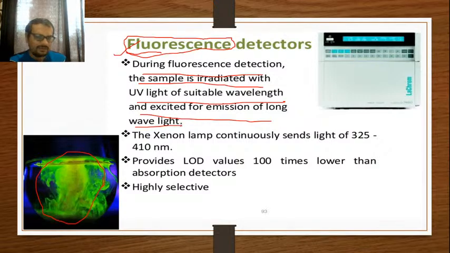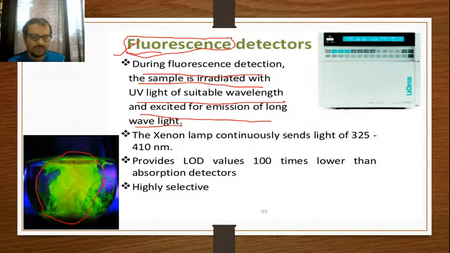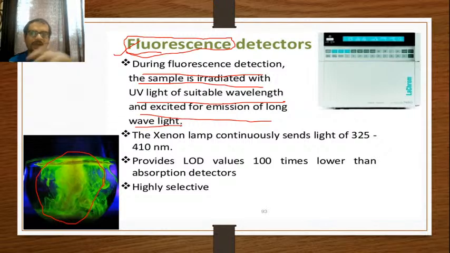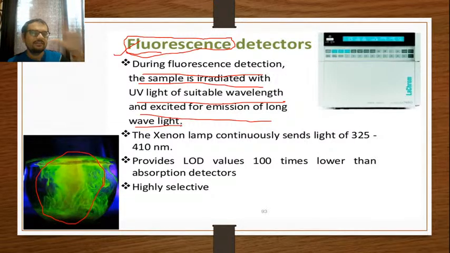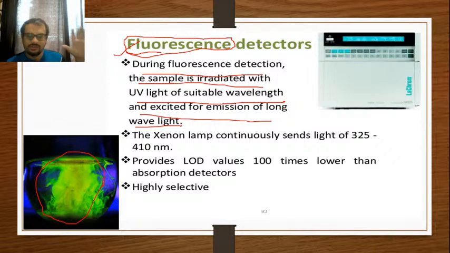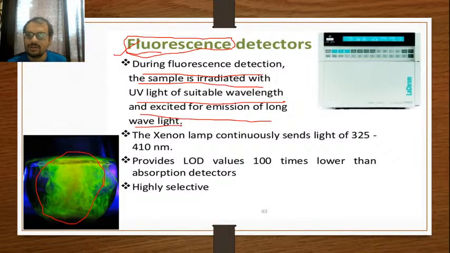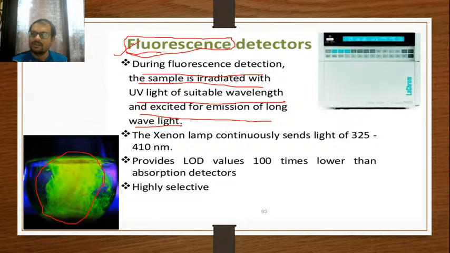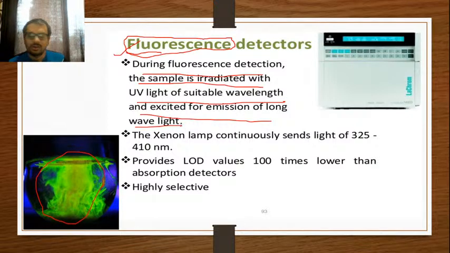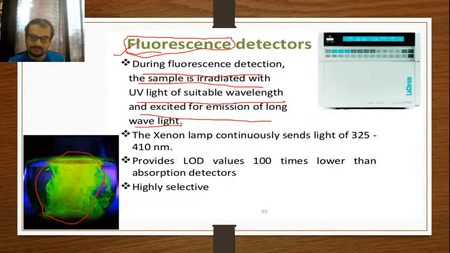The only difference is that the molecules undergoing UV spectroscopy will show you the absorption spectroscopic technique or analysis, and in case of fluorescence spectroscopy, this shows you the excitation or emission spectroscopic analysis. UV light remains the same, that means the radiation source remains the same.